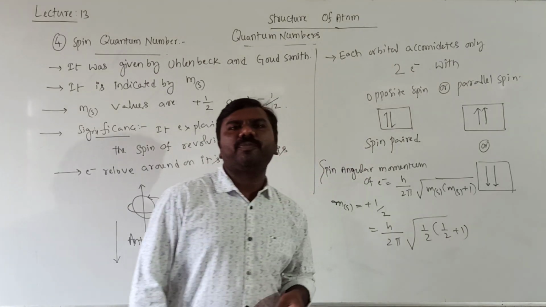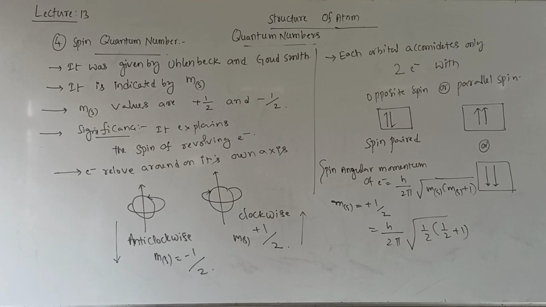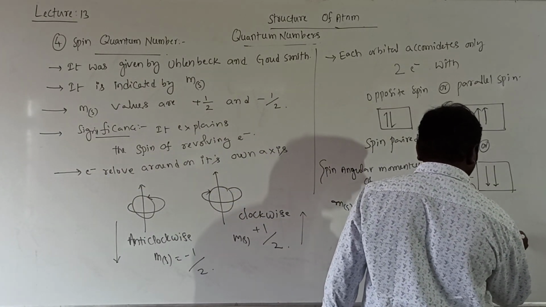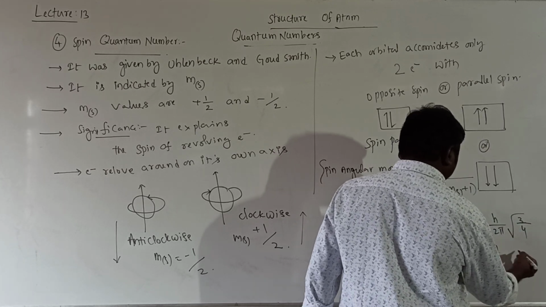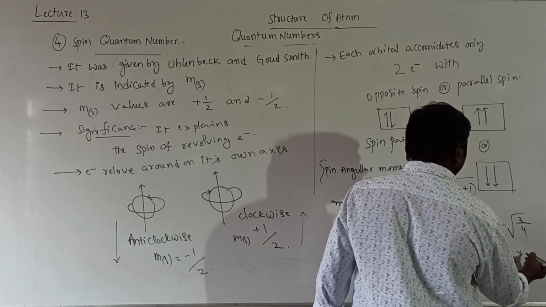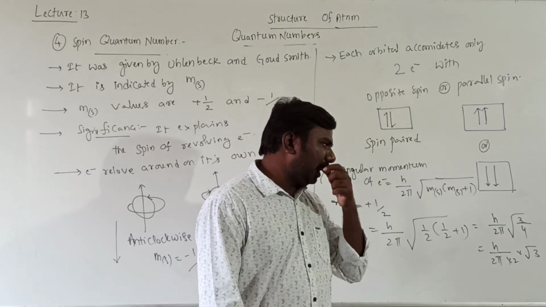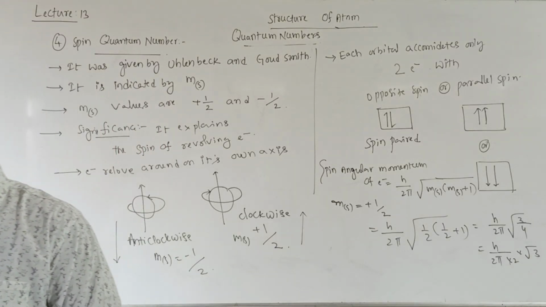Half plus 1 is 3 by 2. 3 by 2 into half is 3 by 4. So you get h by 2 pi into root 3 by 4. Root 4 is 2. Finally you will get h by 4 pi into root 3.